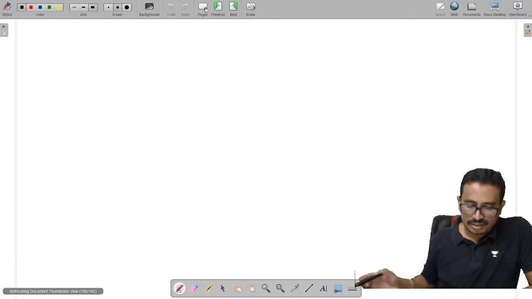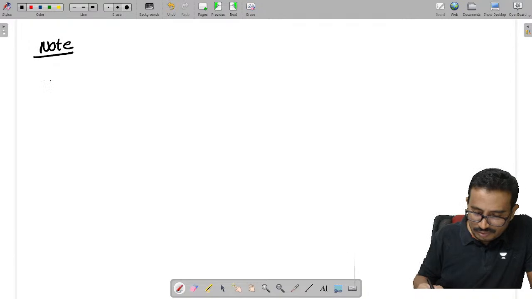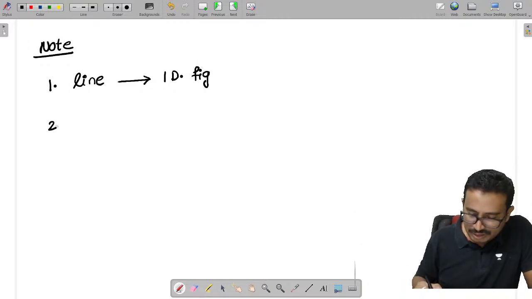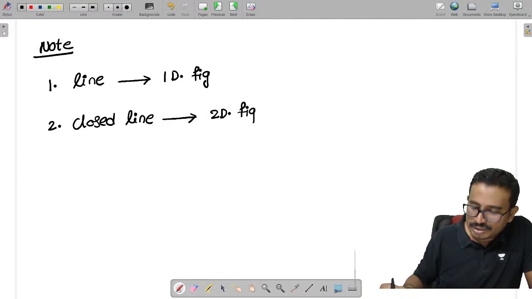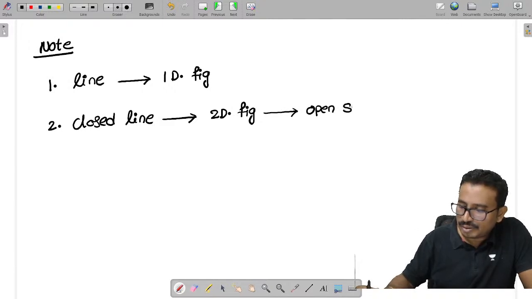In general, we can summarize the things as: a line is a one dimensional figure. Now a closed line is a 2D figure, and the closed line is nothing but an open surface.